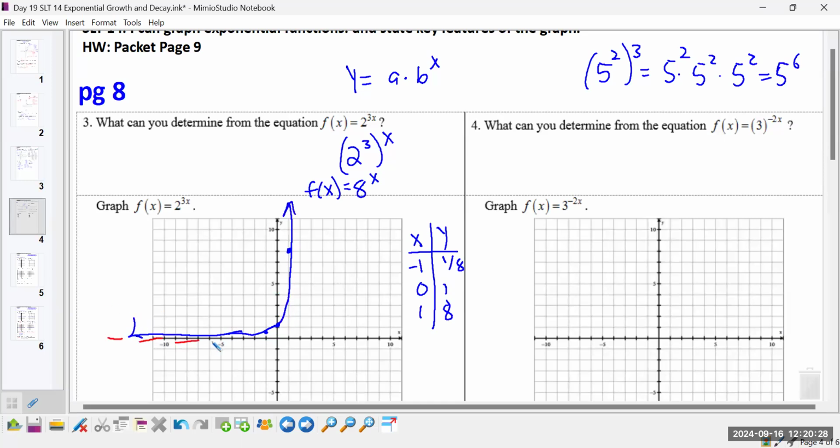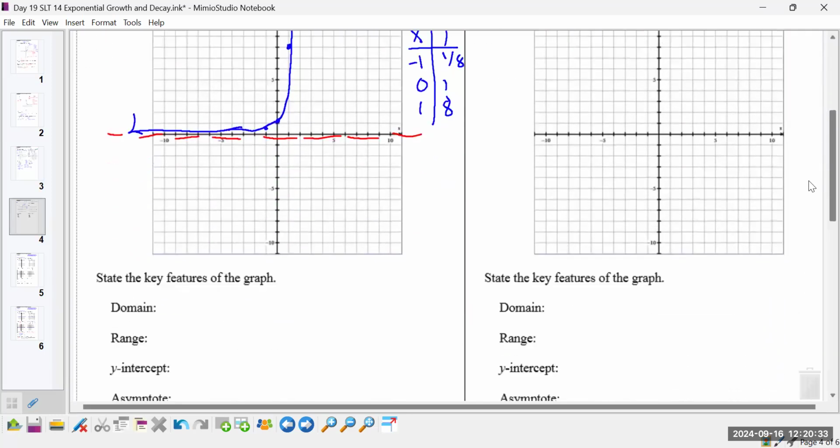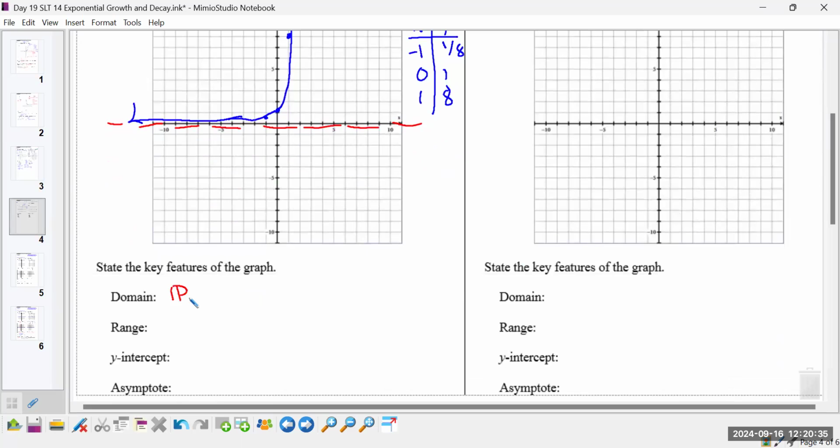It's got a horizontal asymptote. It's got a domain still of all reals and a range of y is greater than 0. The y-intercept is only (0, 1), but the asymptote is still y equals 0. Again, today's focus is just make the table, put down the graph. What do you see?